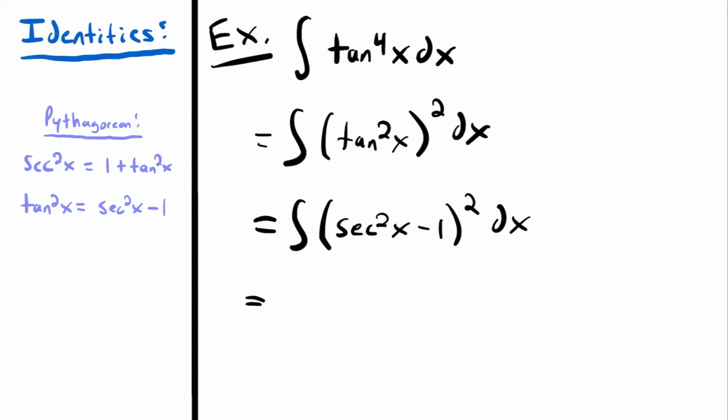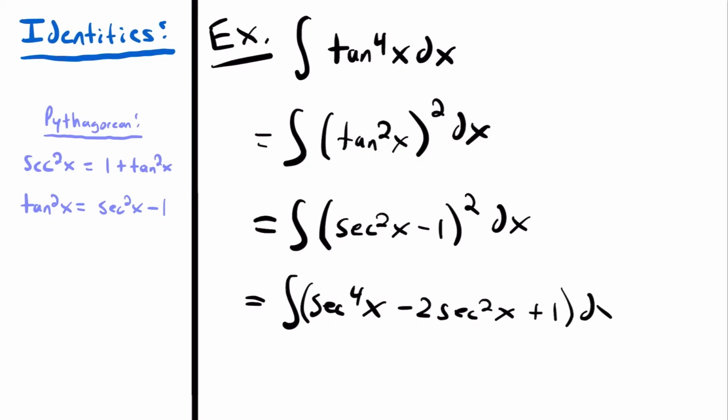So this will be equal to the integral of secant squared x squared, which will be secant to the fourth power of x, and then we will add these two terms multiplied together times 2. So secant squared x times negative 1 is negative secant squared x, times 2 will be negative 2 times secant squared x, and then we will add our last term squared, and negative 1 squared is positive 1. And so that will be multiplied by dx.